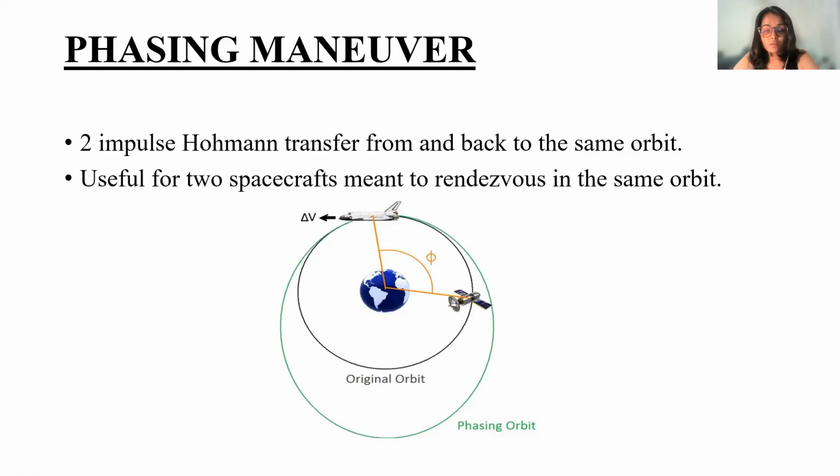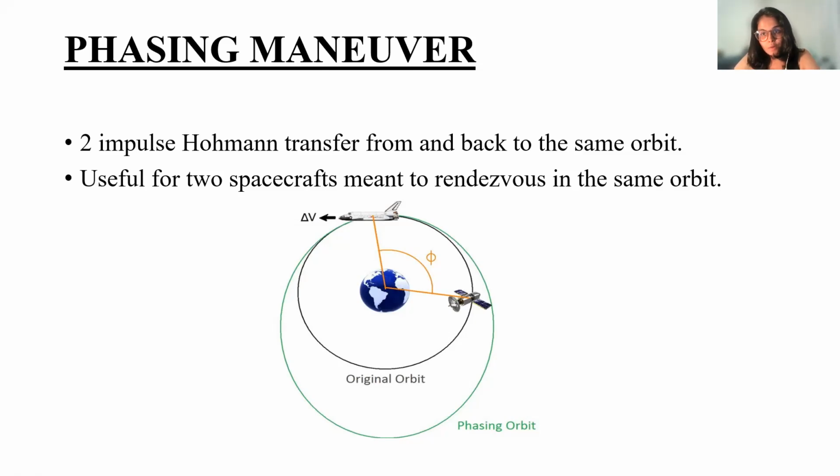However, to make the rendezvous between the two happen, it is highly probable that we need to transfer our DST to the location of EEV within the same orbit, and this is where our phasing maneuver comes in. In simple terms, phasing maneuver is a two-impulse Hoffman transfer done to a spacecraft which is required to be moved to a different location within the same orbit.